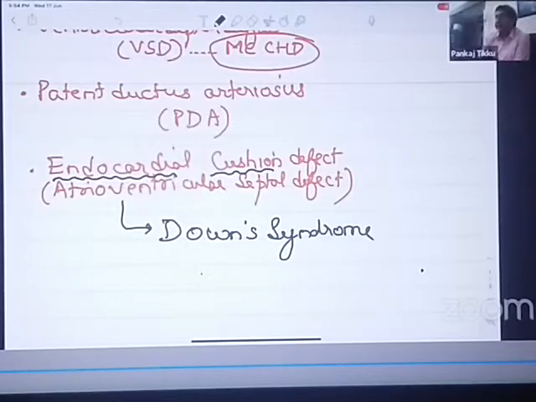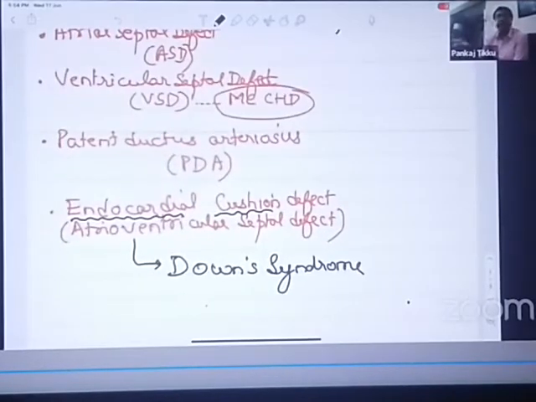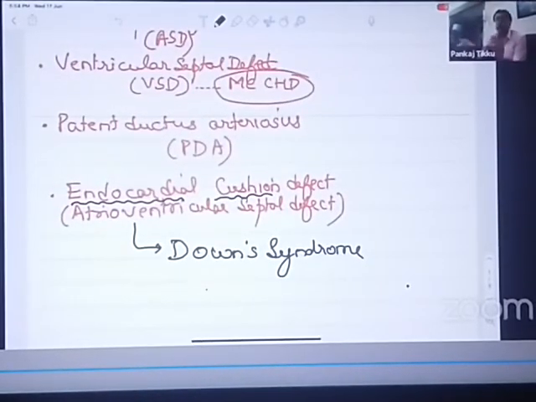So they are associated with this syndrome. They are associated with the Down syndrome. Down syndrome is a syndrome which is associated with many abnormalities. One of the abnormalities in Down syndrome is a simian crease.